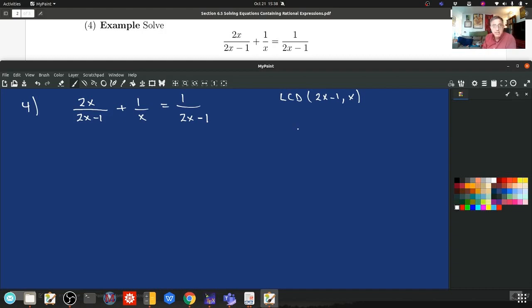So the LCD of 2 distinct primes, in this case they're prime polynomials, is just the product of both.